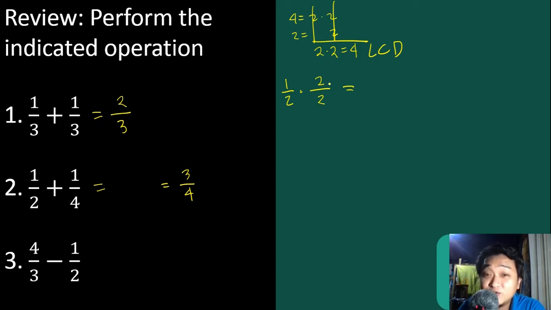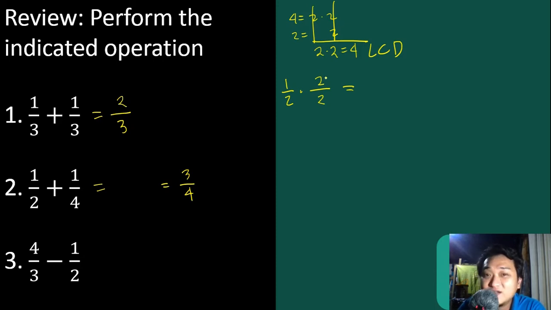Anyway, si 2 over 2, 1 lang naman yan. Di po ba? Okay. So, take note ha, objective natin dito, kino-convert natin si 1/2 para yung denominator niya maging 4. Mangyayari yun pag minultiply natin yung denominator by 2. At kailangan, kung ano yung minultiply natin sa denominator, i-multiply din natin sa numerator para patas.